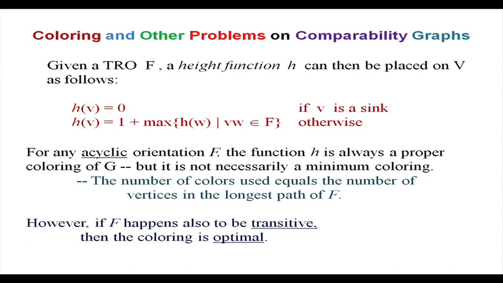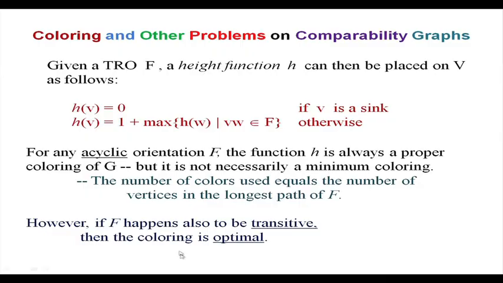Now, any acyclic orientation has the property that H will always properly color the graph. Each of those heights will be a color. Height 2 will be color 2. Height 5 will be color 5. But that height function on an acyclic orientation may not be optimal.